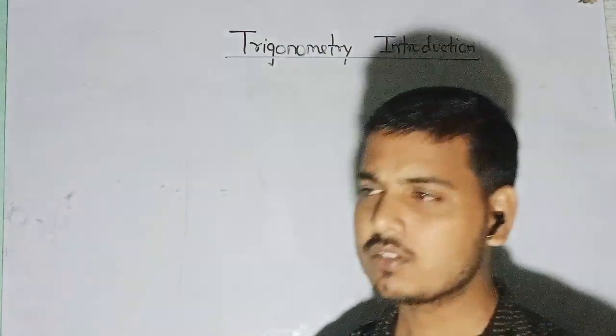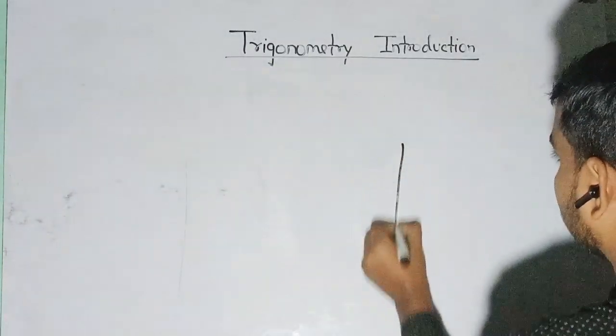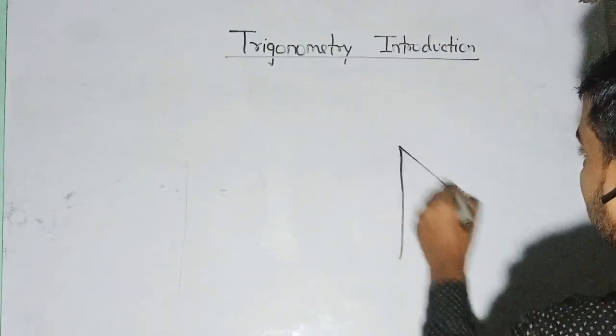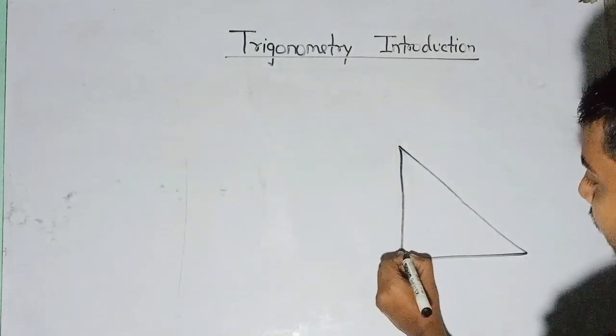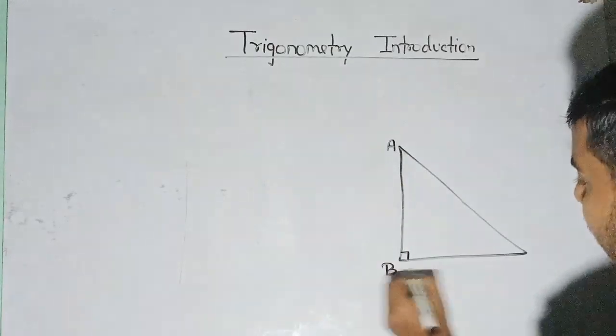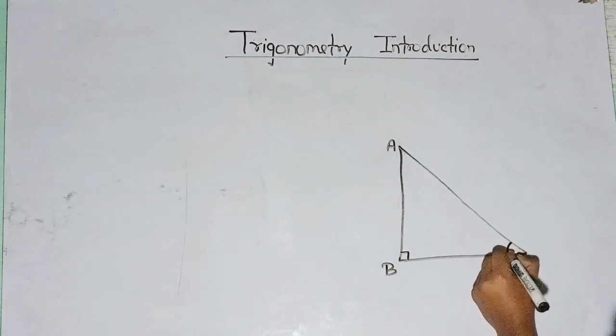Okay, so first thing which came in our mind, that there is a triangle given. In a triangle, we give the angles names A, B, C, and angle B is perpendicular and angle C is theta.